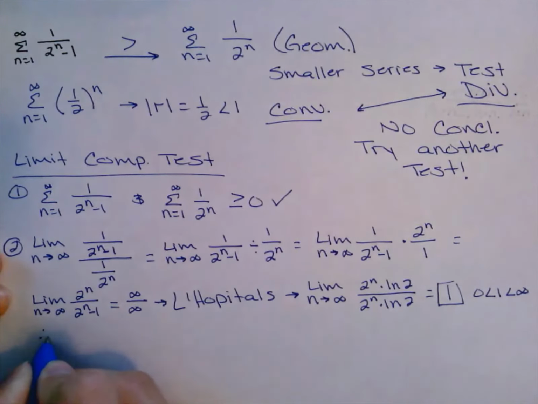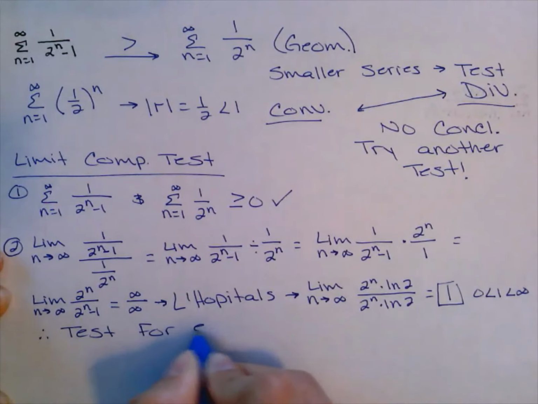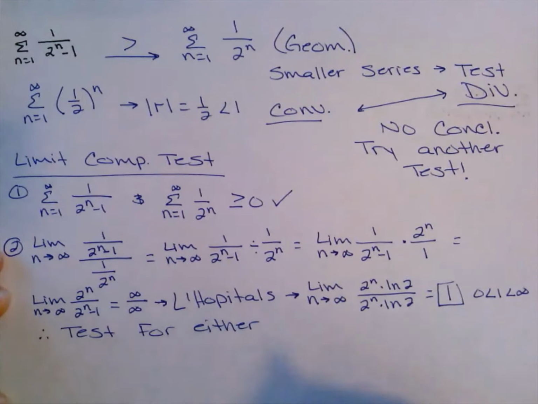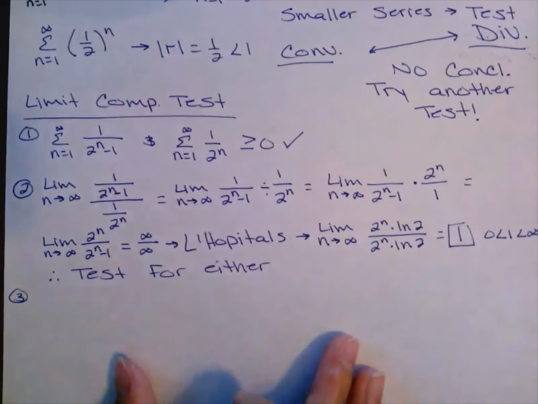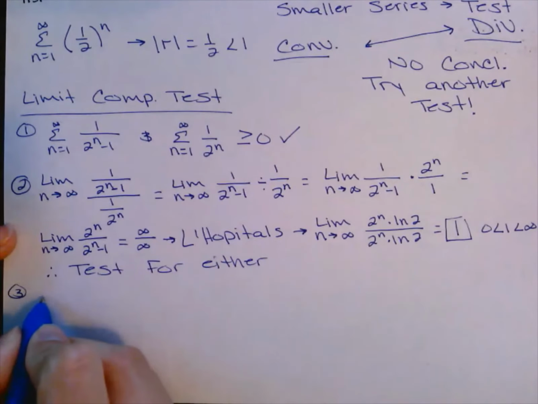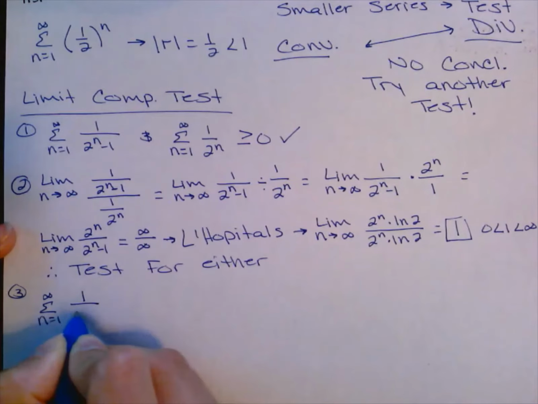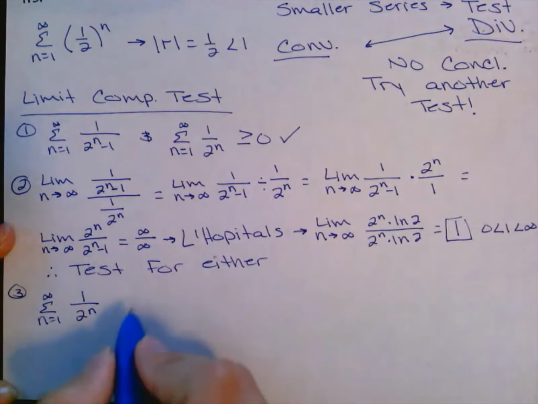So that's a nice thing because whether I get convergence or divergence on this last step, I am done. Okay? Step 3. The one that I was working to compare is 1 over 2 to the n. Okay?